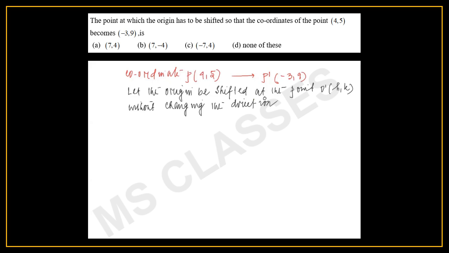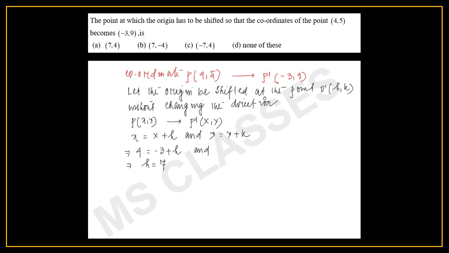Now here we consider the point P in the initial coordinate system as x comma y, which gets shifted to the point P prime (capital X, capital Y). The point is the same, just for notation we have taken different P and P prime. So we know the relation small x equal to capital X plus h and small y equal to capital Y plus k. Now small x is 4, capital X is minus 3, plus h. So h is equal to 7.